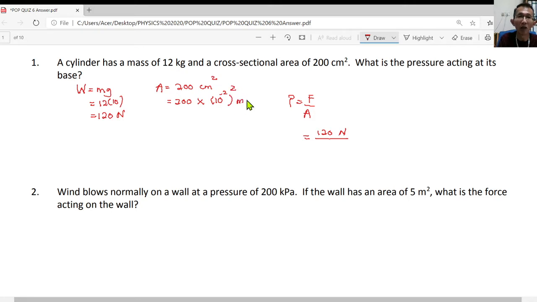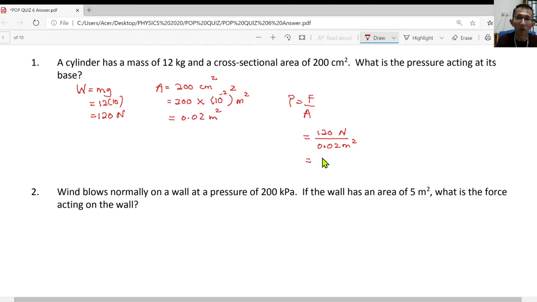So I am only left with meter square. Do the calculation, you should be able to get 0.02 meter square. So the area is 0.02 meter square.